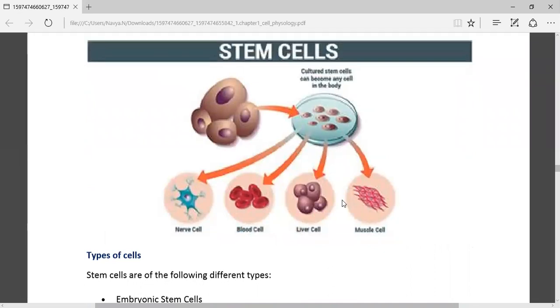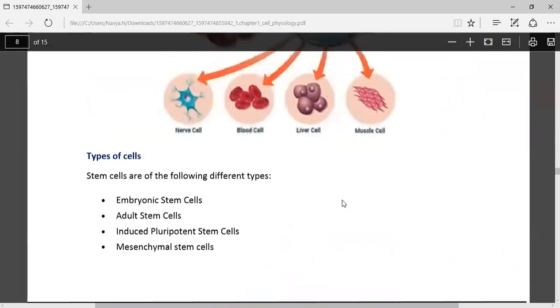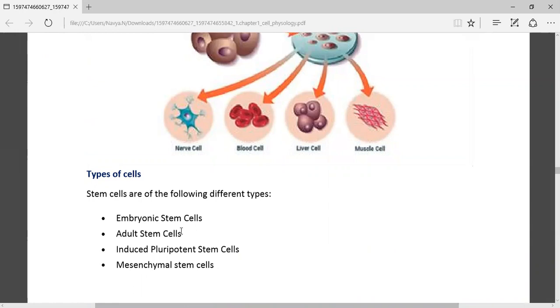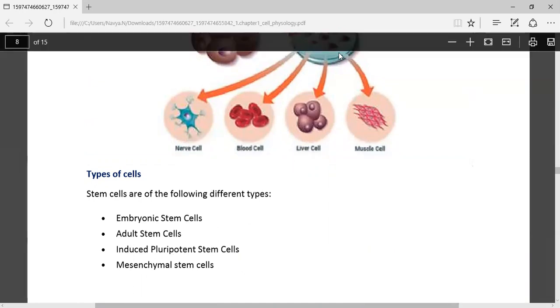These are the elements, part of the cell. So embryonic stem cells will be there, and the adult stem cells, and induced pluripotent stem cells, and also mesenchymal stem cells.